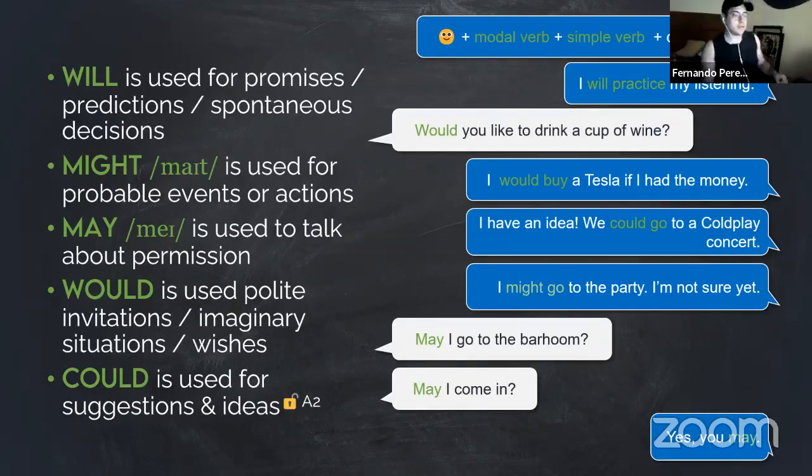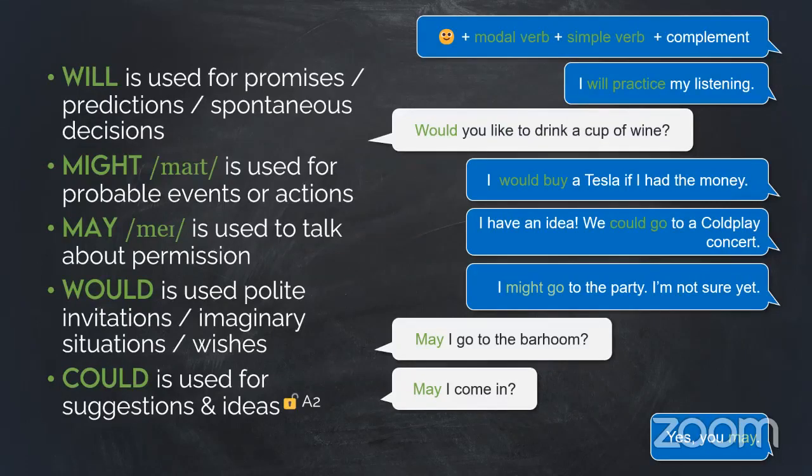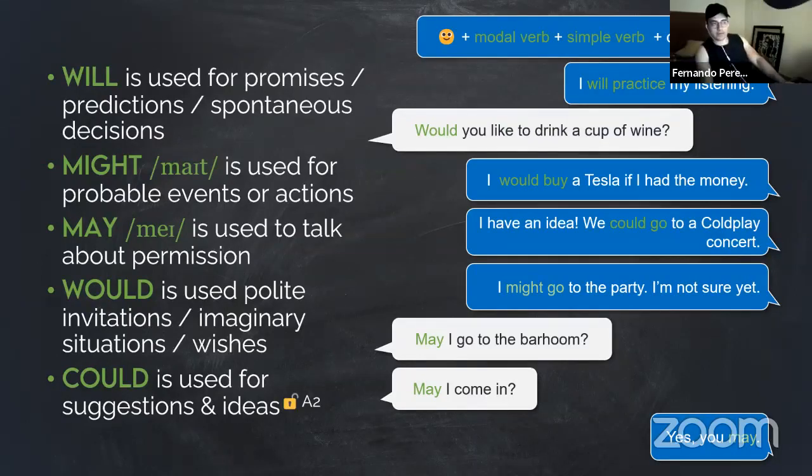Okay. So let's go, for example, with Karen. Karen, ask a question using the structures.